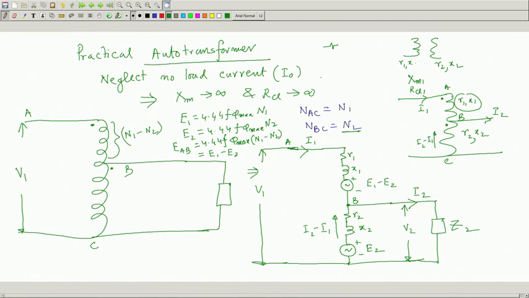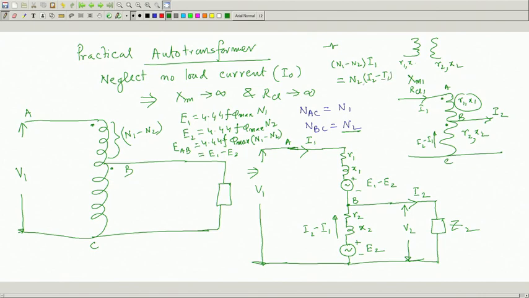So, N 1 minus N 2 into I 1 must be balanced off this current through the dot, this current is I 2 minus I 1, it must be equal to N 2 into I 2 minus I 1, that remains, there is no doubt about that.